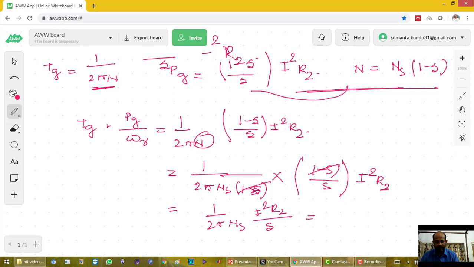This is a constant term, so we can write it as k into I2 square R2 by s.